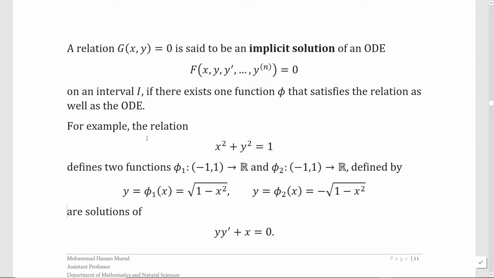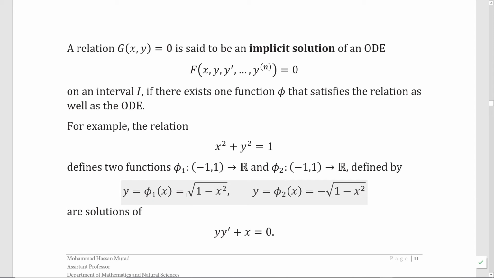Let's see an example. x squared plus y squared equals 1. This defines two functions, phi 1 and phi 2, on the interval negative 1 to 1. Both are real valued functions.